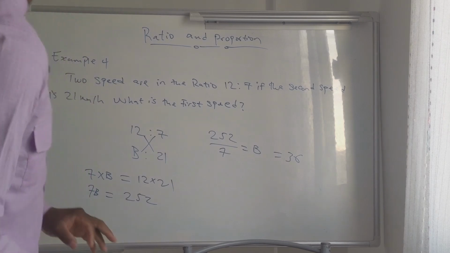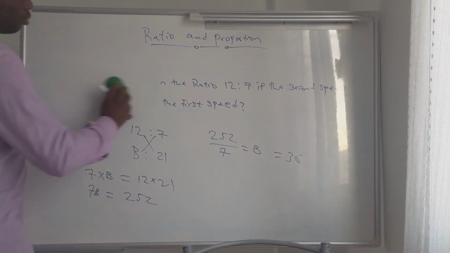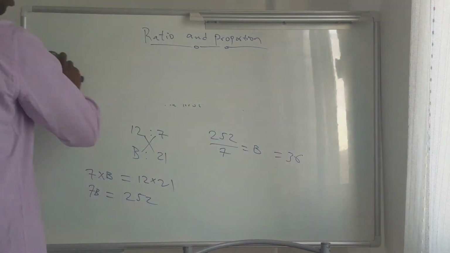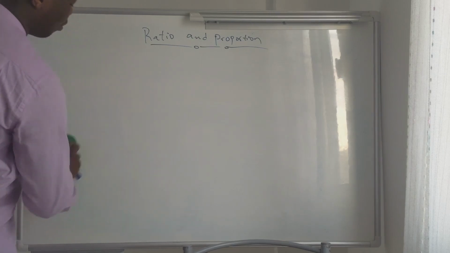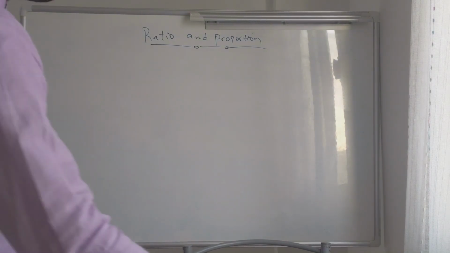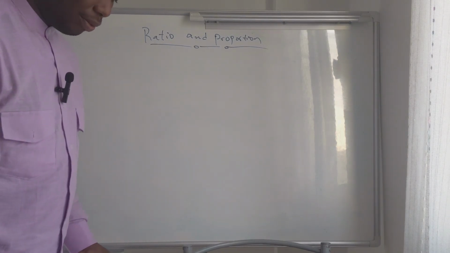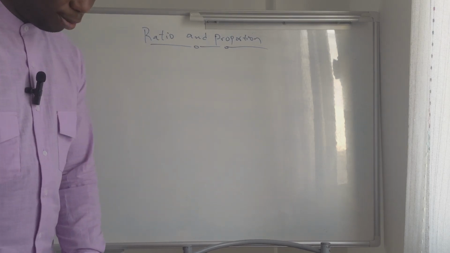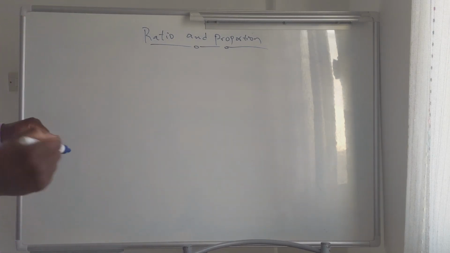We'll see examples that will help us understand this better. If they say share something in the same proportion, it means that they must have the same quantity. So let's get started with the very first example, so that we'll be able to understand what proportion is all about.